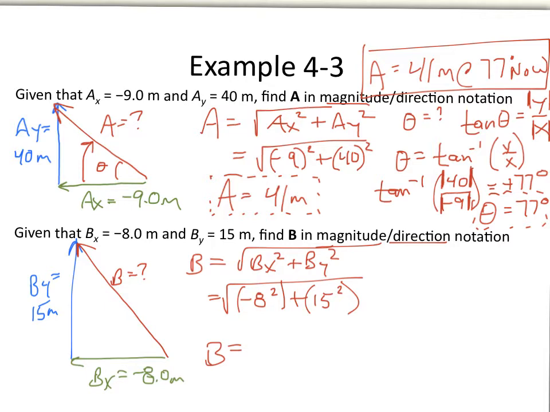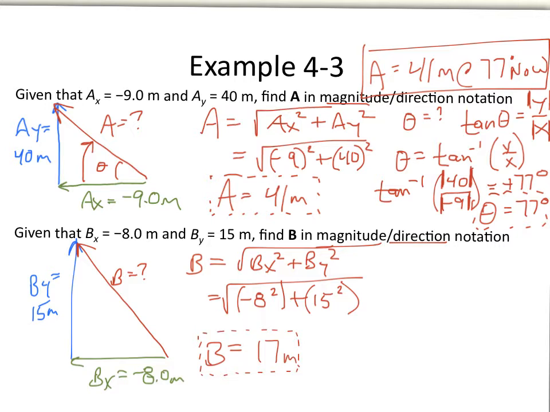That's going to give us an answer of 17. 8, 15, and 17, I think I recall that being a full right triangle. All right, 17 meters. That is just our magnitude, so you might want to dotted line box that.